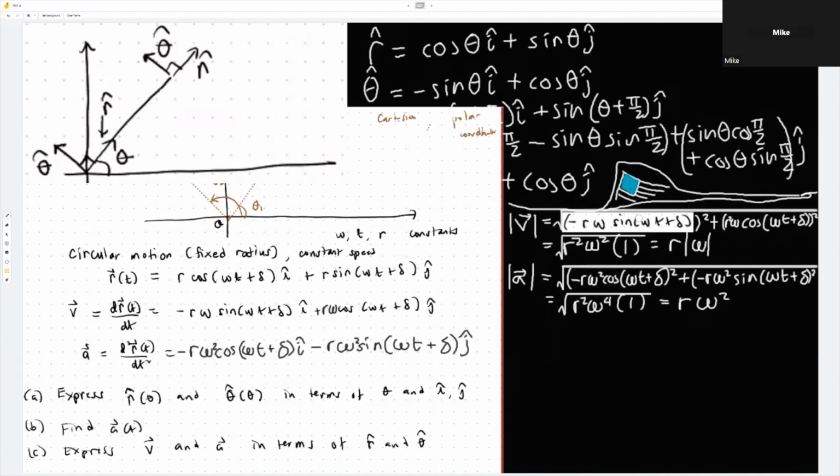So R omega is equal to V. Now, what we want to relate is, what's the acceleration in terms of V and R? So eliminate omega in favor of V and R.